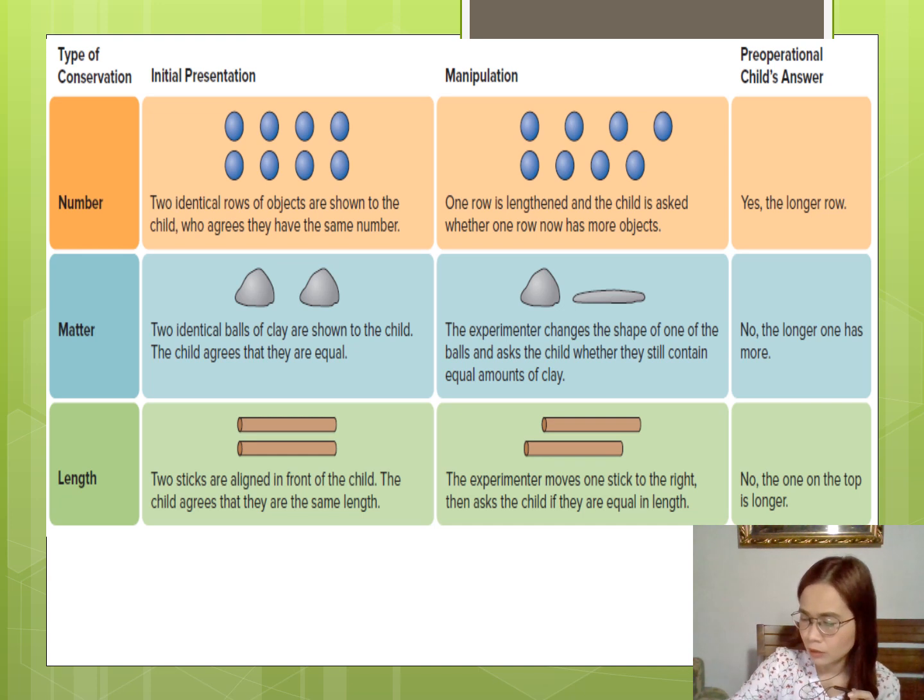Ang sinagot niya, syempre, yung nakaawang, kasi sa point of view niya, mukha itong mas mahaba compared dun sa nasa ilalim. So ganun yung thinking. Wala pa siyang law of conservation. Centration pa lang siya. Ibig sabihin, his focus is narrowly focused on one aspect or characteristic of an object.